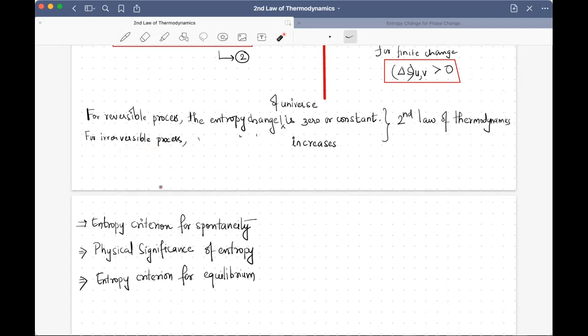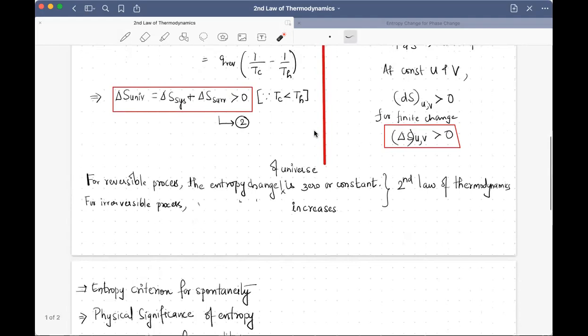So for a spontaneous process, the entropy criteria is that the entropy should always keep increasing. That means it should be greater than zero. So the entropy criteria for spontaneity is that delta S universe, or delta S isolated, should be greater than zero. That is the entropy criteria for spontaneity of a natural process.